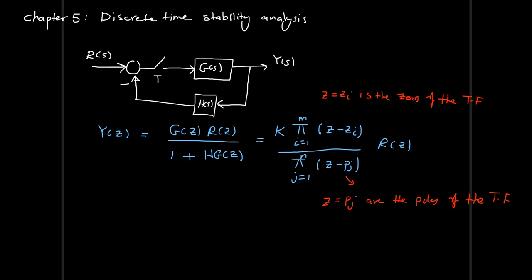So simply, now we can say that Y over R equals G of Z over 1 plus HG of Z. Now 1 plus HG of Z equal to 0 is called the characteristic equation.